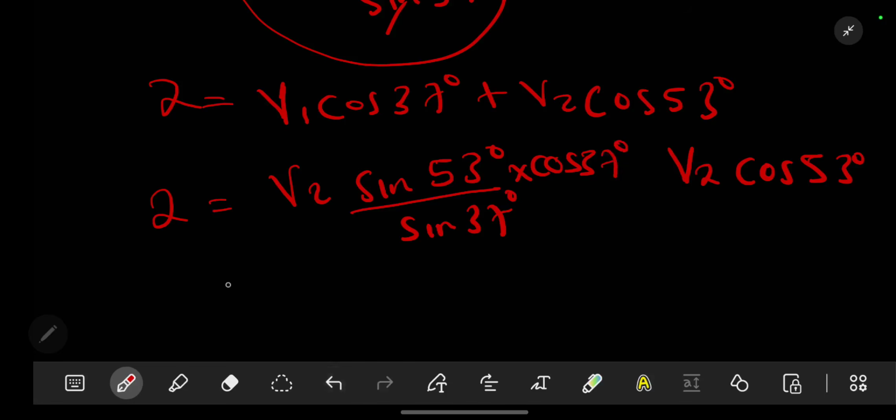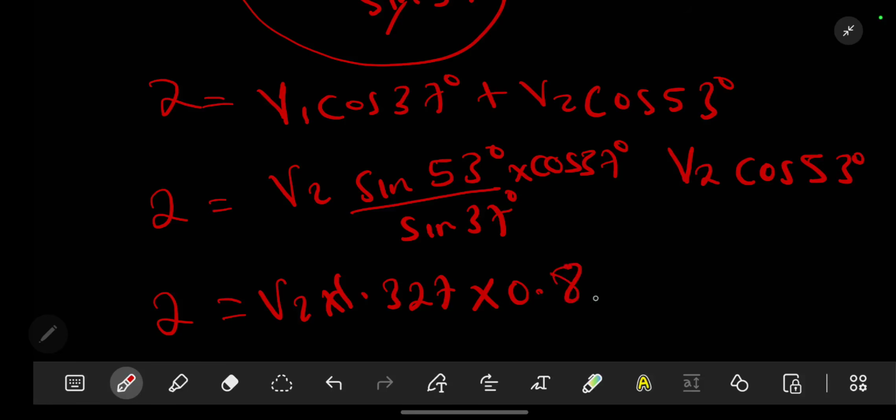When we press on our calculator, to just be careful, we have the sine of 53 degrees divided by the sine of 37 degrees. It's giving me v2 times 1.327. Then we multiply times the cos of 37. Cos of 37 gives us 0.8.